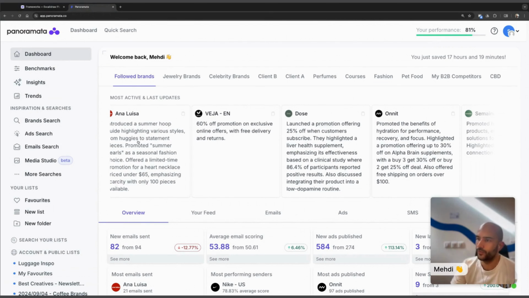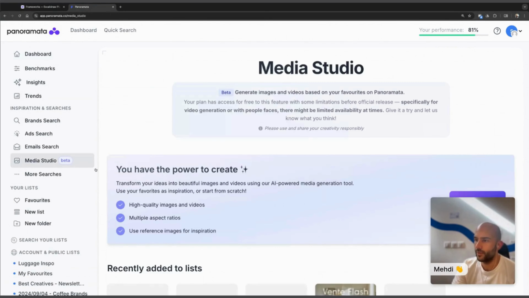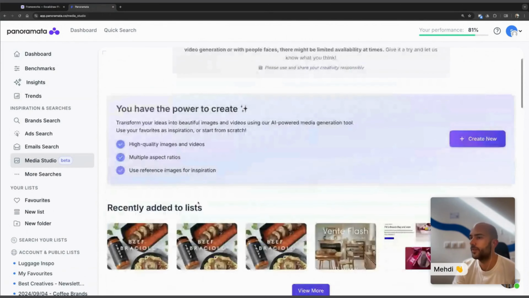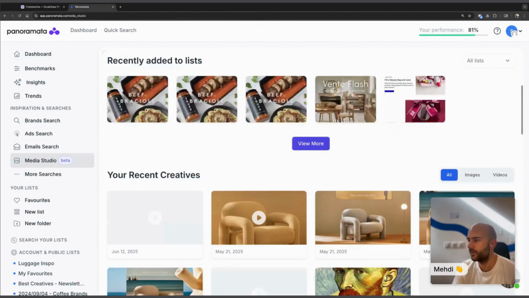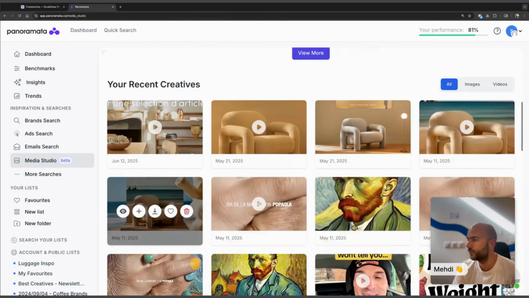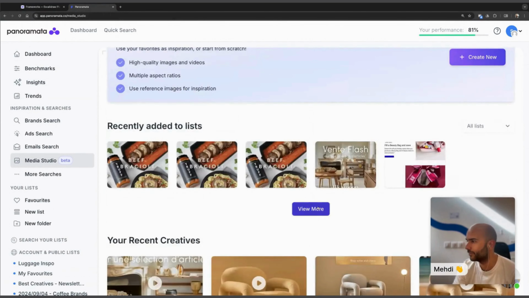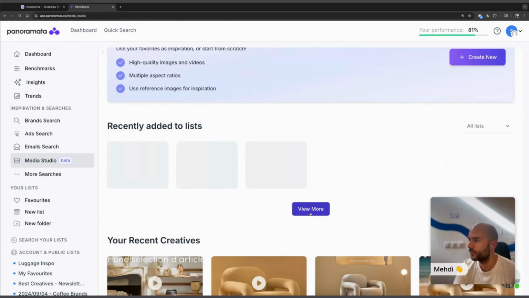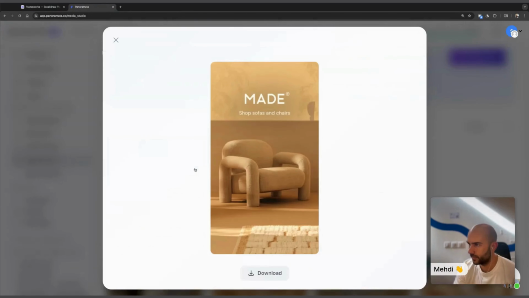We're able to help you generate new assets as well. This is here, this is in beta. But as you're using the platform, saving assets and saving the ads, the emails, the examples that you do like all over, the platform is going to be able to help you figure out and generate new assets based on this or whole new strategies altogether. Let's say that I do like this ad from Made.